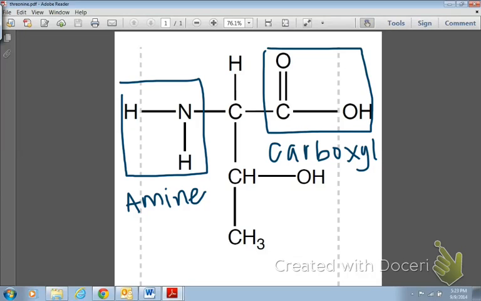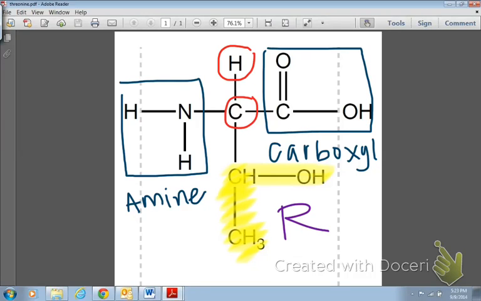Up here we have your alpha hydrogen, your central carbon, and this is possibly the most important part. So I want you to maybe highlight or outline that bottom part. And yours probably looks different than mine. That's what we call, and you can label this, your R group.